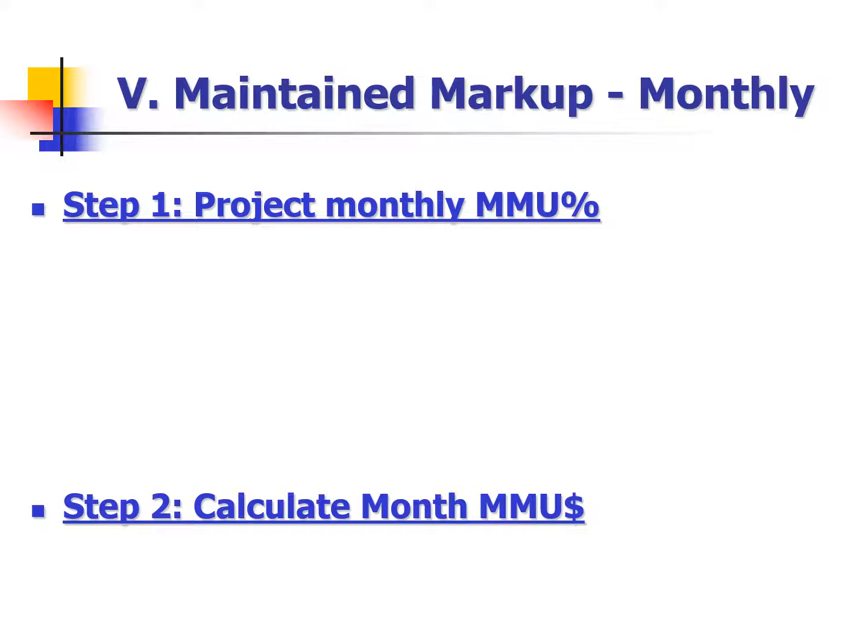That's the kind of performance that we're going to have if we go with our plan. So making sure that our plan is according to our gross margin goal or our markup goal. So we are going to have to calculate maintain markup in both percentage and dollars, and we start from the percent. So project the monthly maintain markup percent first, and then based on the percent, we're going to calculate monthly maintain markup in dollars.